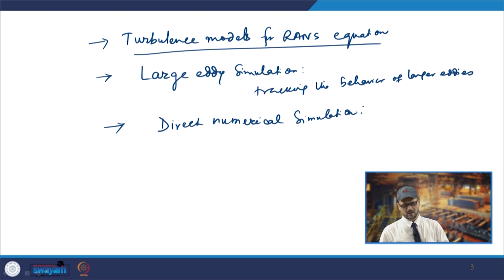In that you have the unsteady Navier-Stokes equations, and they will be solved on spatial grids. You will have finer grids to account for the fluctuations, and the time scales are also taken into account, even the smaller time scales.